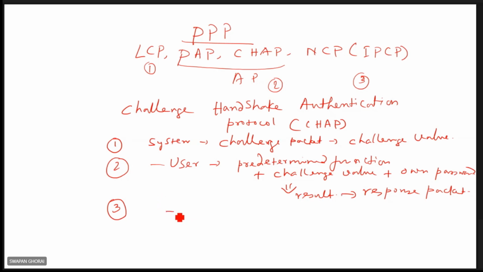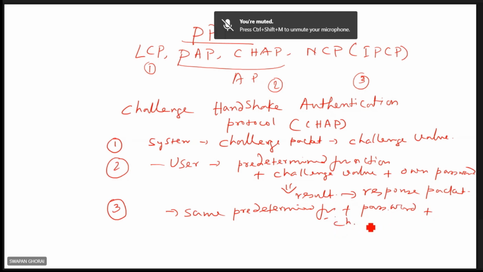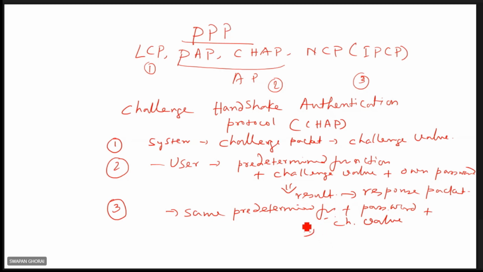It applies the same predetermined function to the password of the user and the challenge value, which will create some value, right?